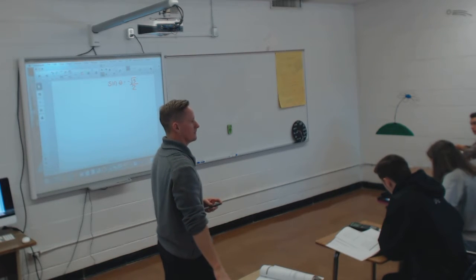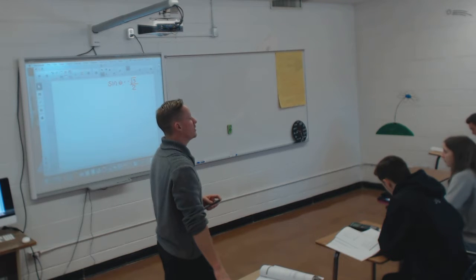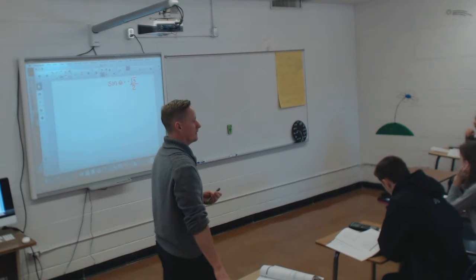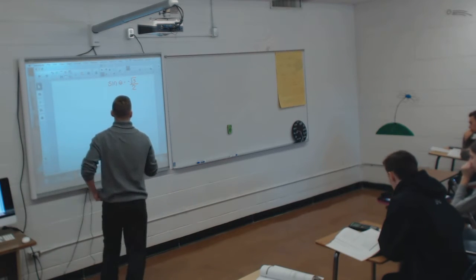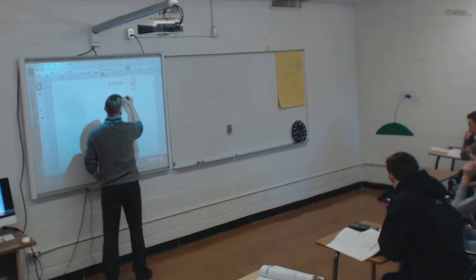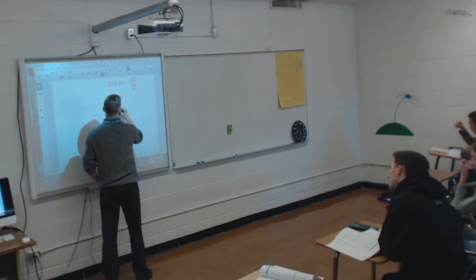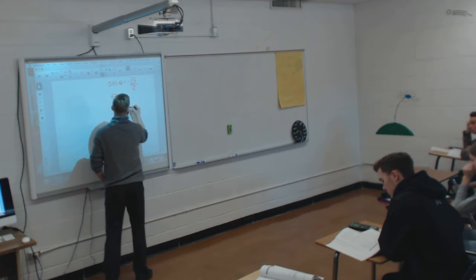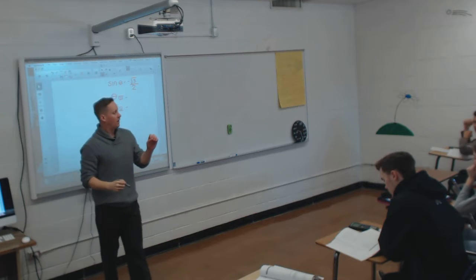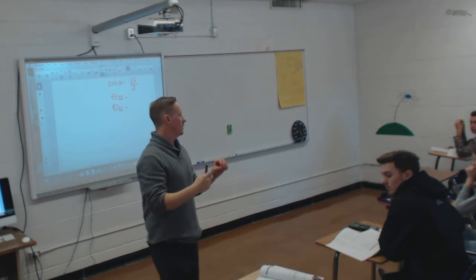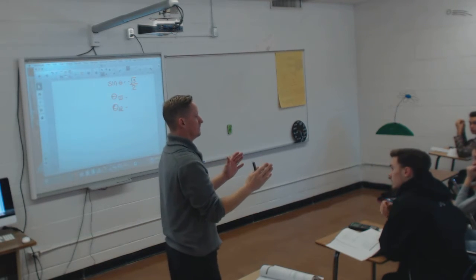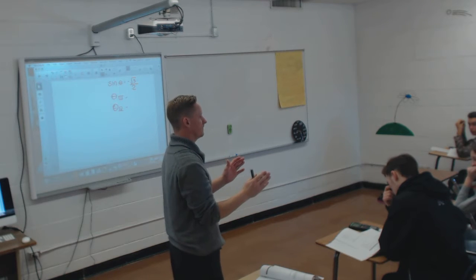Which two quadrants? 3 and 4. Okay? So we know that this occurs in quadrant 3, and this occurs in quadrant 4. And again, on your exam, you would look at just your unit circle, just to solve this question.